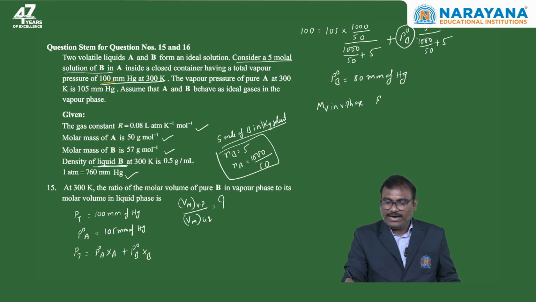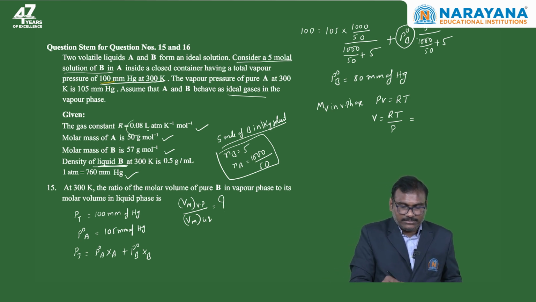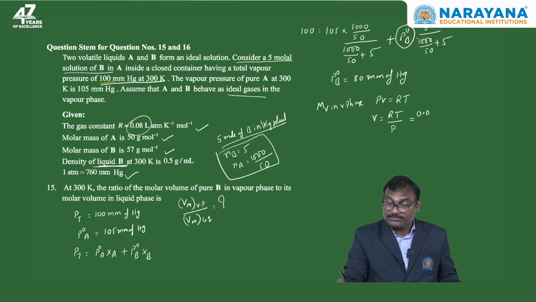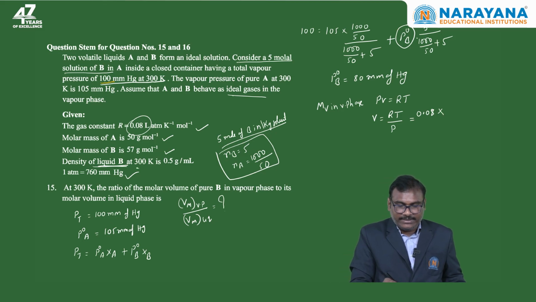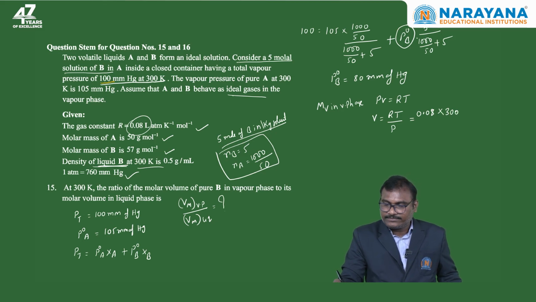Say yes or no. It follows the ideal gas equation, that is PV is equal to RT, then volume is equal to RT by P. R is 0.08 liter atmosphere per Kelvin per mole, and the temperature was given as 300 Kelvins, divided by pressure 80 by 760, since the units are in liter atmosphere.